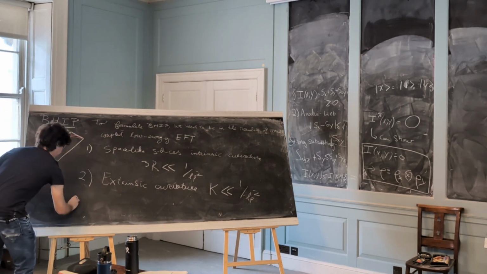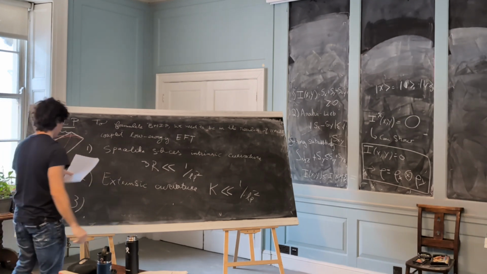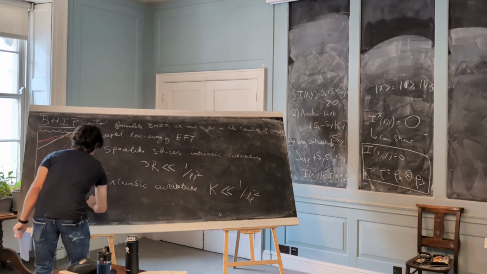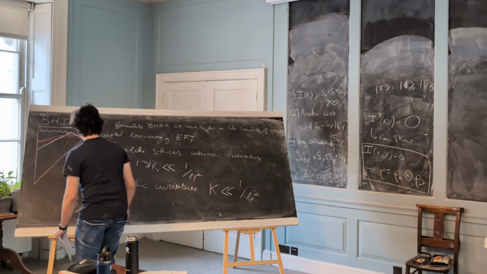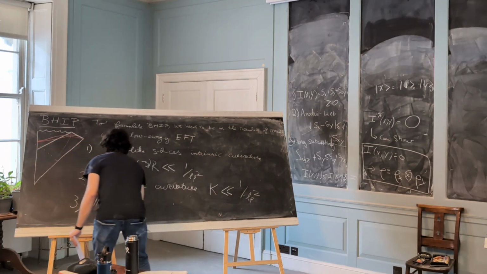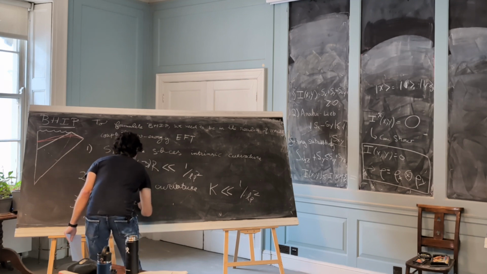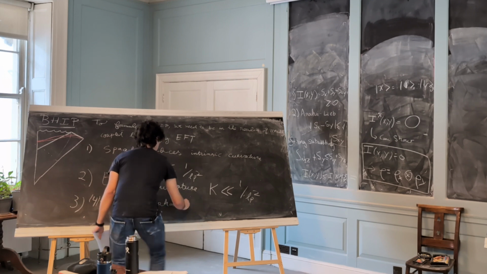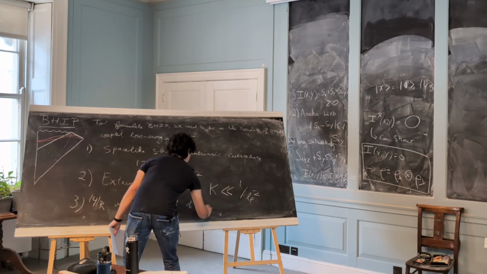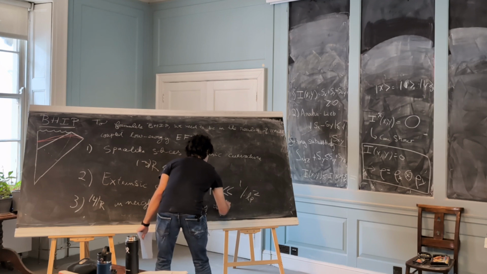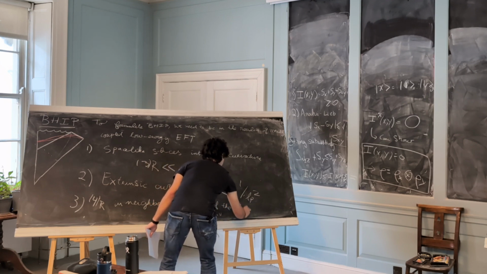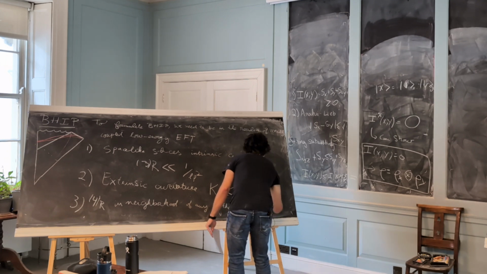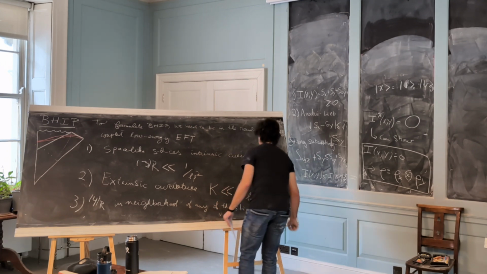So at the same time, the 4-curvature in the neighborhood of any of the slices must also be much, much less than the Planck scale.